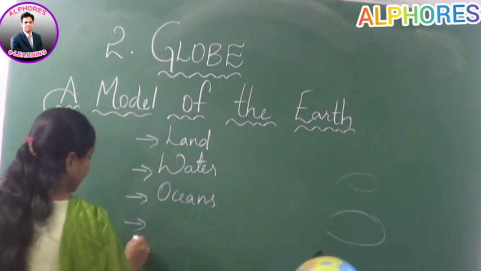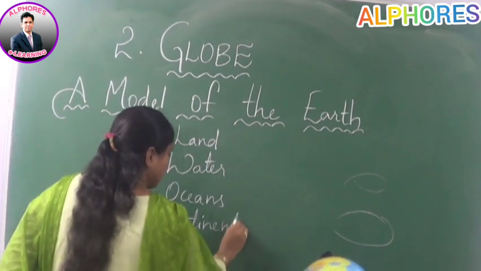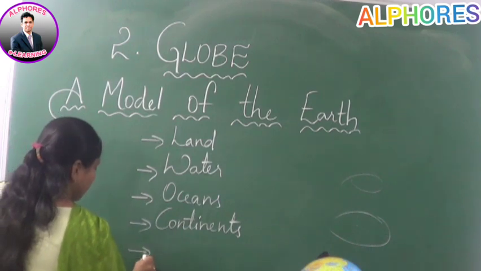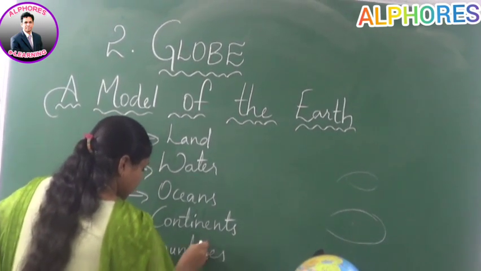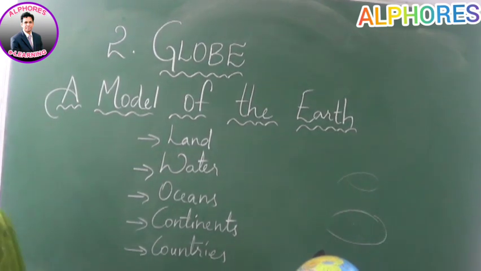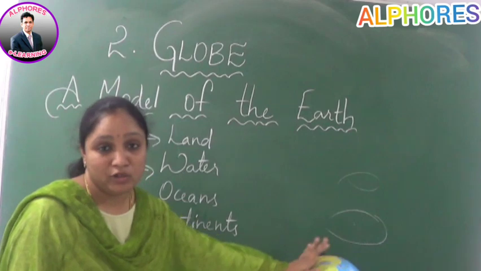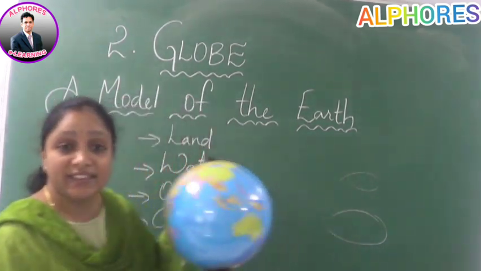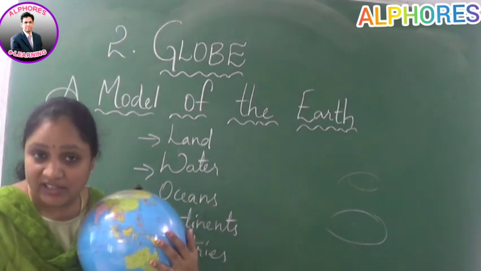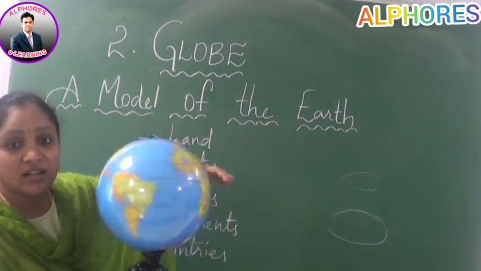You can also see the continents, and some countries. These are all the things that we can see on the globe, and we can locate and analyze the places easily by seeing this globe.